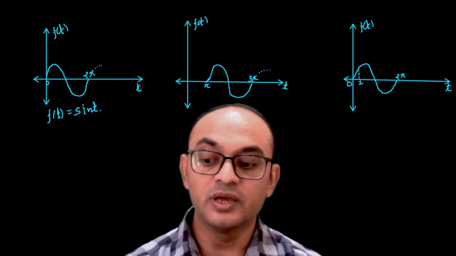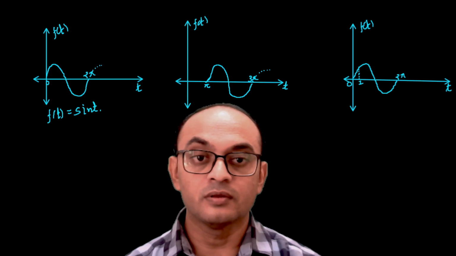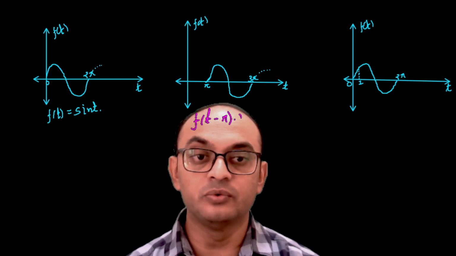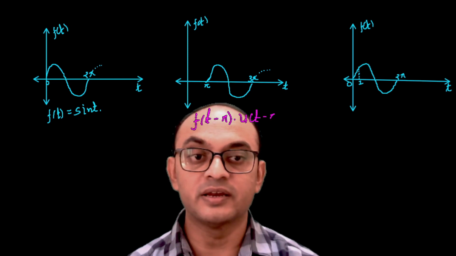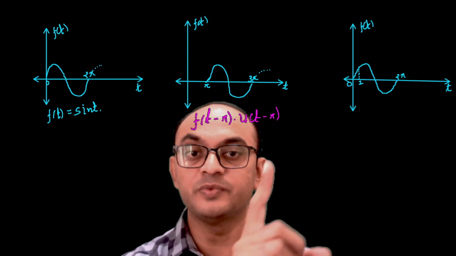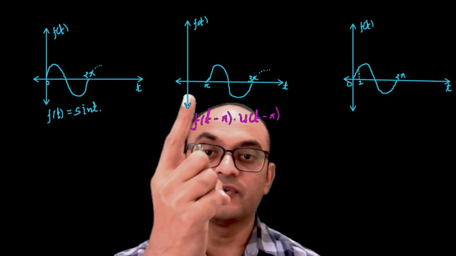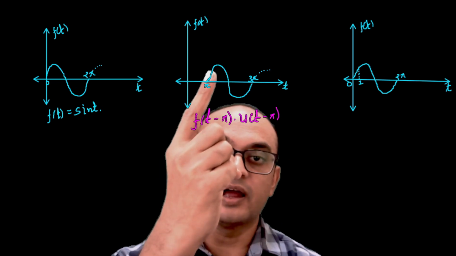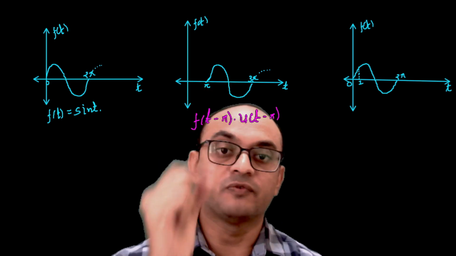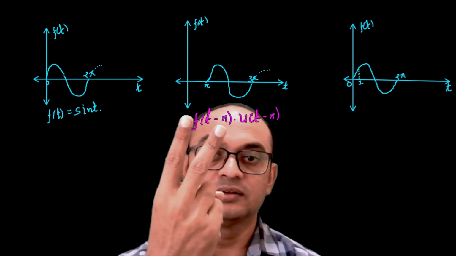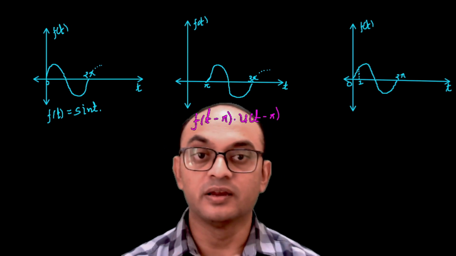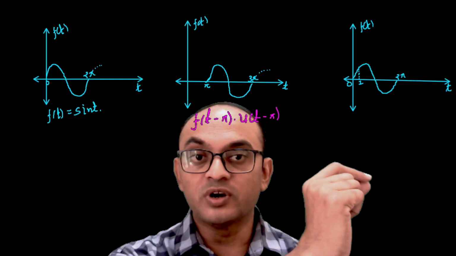So this curve is represented by f of t minus pi into u of t minus pi. What does it mean? From 0 to pi the function has value 0 and after pi the function has this definition, right?